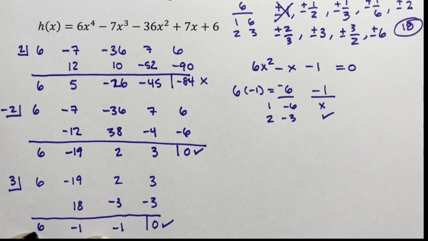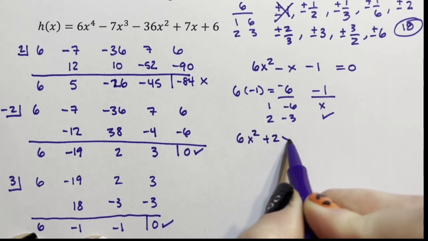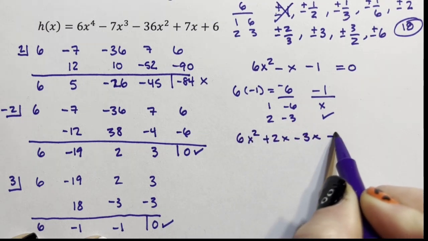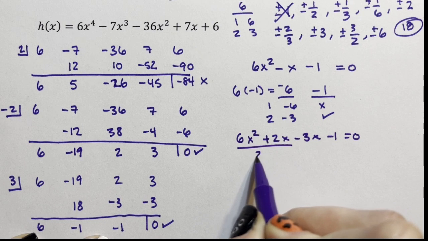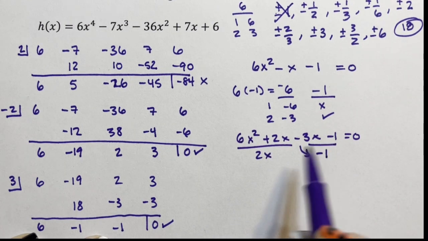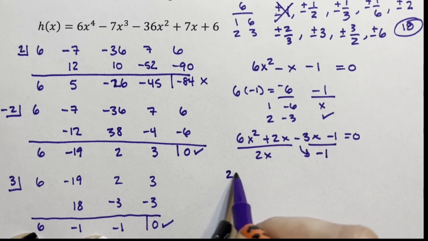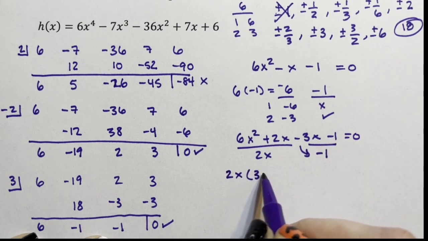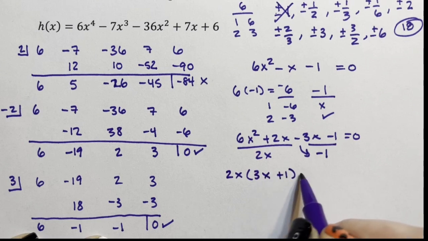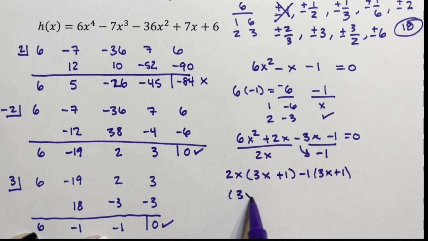It's beautiful. Otherwise, 6x squared plus 2x minus 3x minus 1 equals 0. Divide by 2x. Divide by negative 1. You need that negative, even though that's the only thing that comes out. 2x, 3x plus 1 minus 1, 3x plus 1, 3x plus 1, 2x minus 1.